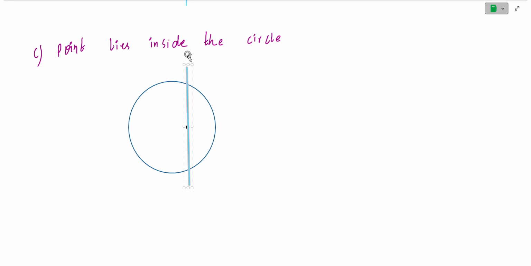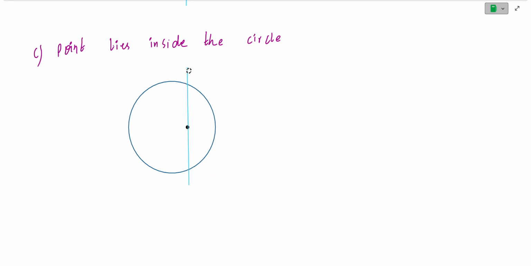This is a straight line passing through this point. If I rotate this straight line in this way, these are all the different possible straight lines passing through a given point. No straight line becomes a tangent. It definitely has to intersect the circle.